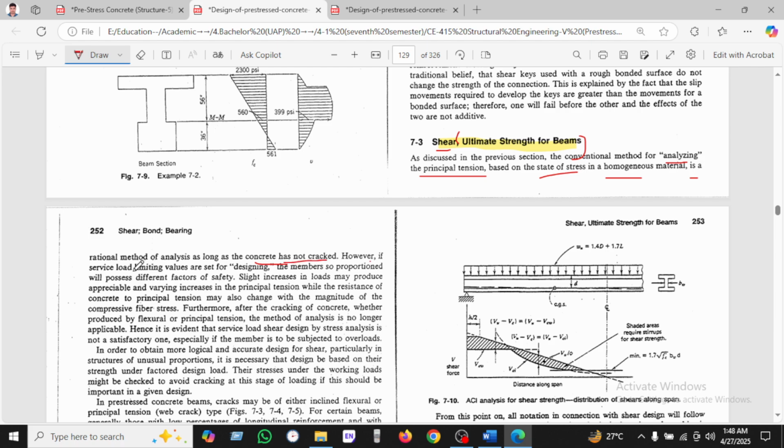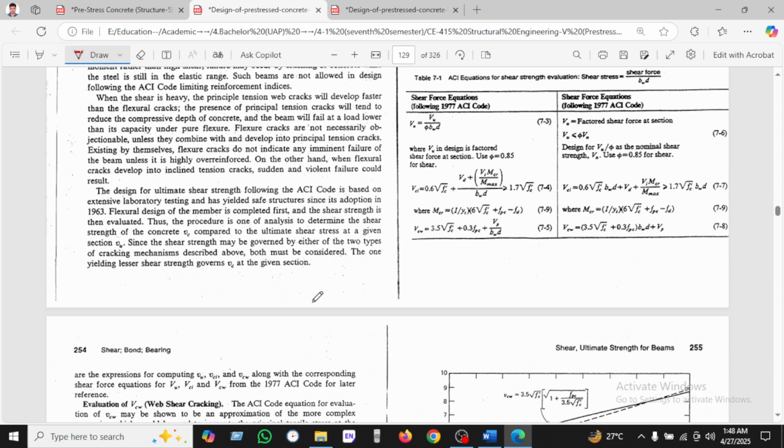However, if the service load is increased, limited values set for designing the member are proportional and cause different factors of safety. Slightly increasing the loads changes the incline of the principal tension and resilience, while the resilience of concrete principal tension may also change with the magnitude of the compressive fiber stress. Okay, so we can see here.